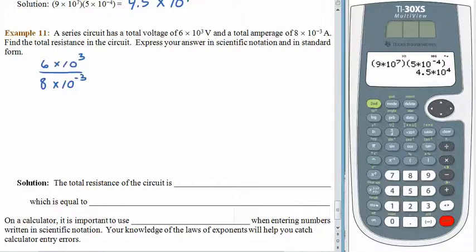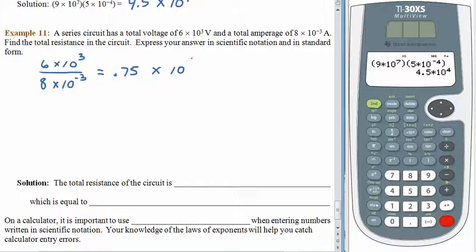All right, let's see how you did. So certainly voltage divided by amperage gives us resistance. So we have 6 times 10 to the third divided by 8 times 10 to the negative third. 6 divided by 8 is 3/4, which as a decimal is 0.75. What power of 10 should we have?